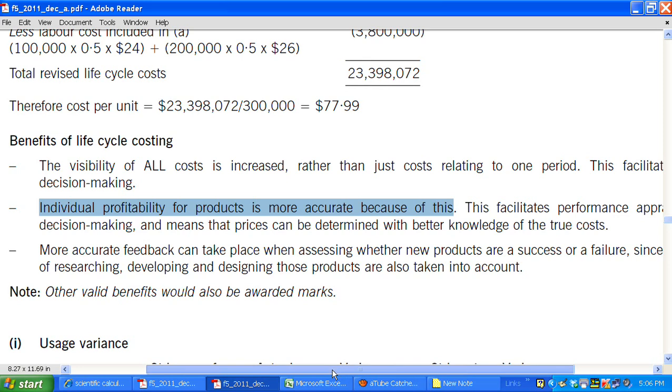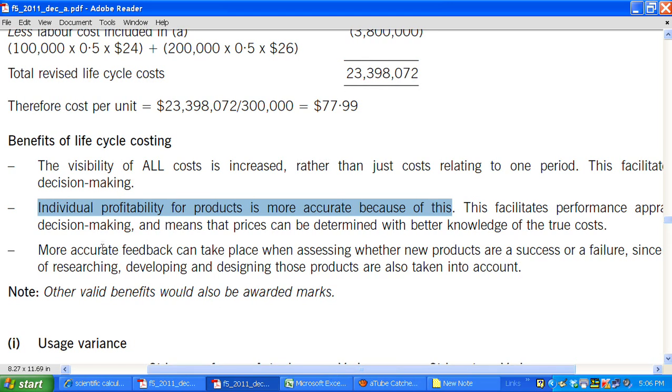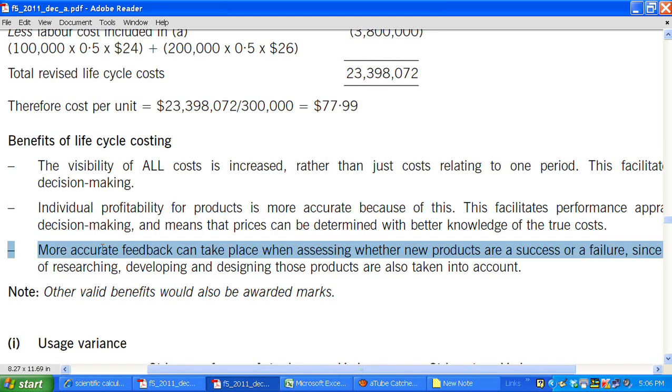That means you can decide on which products to make and which products not to make. And then because you're looking at all the costs throughout the life cycle, you can easily assess whether a project is likely to fail or be successful, because now you have a projection of all the future costs. So even the R&D, all the costs, of course, included.